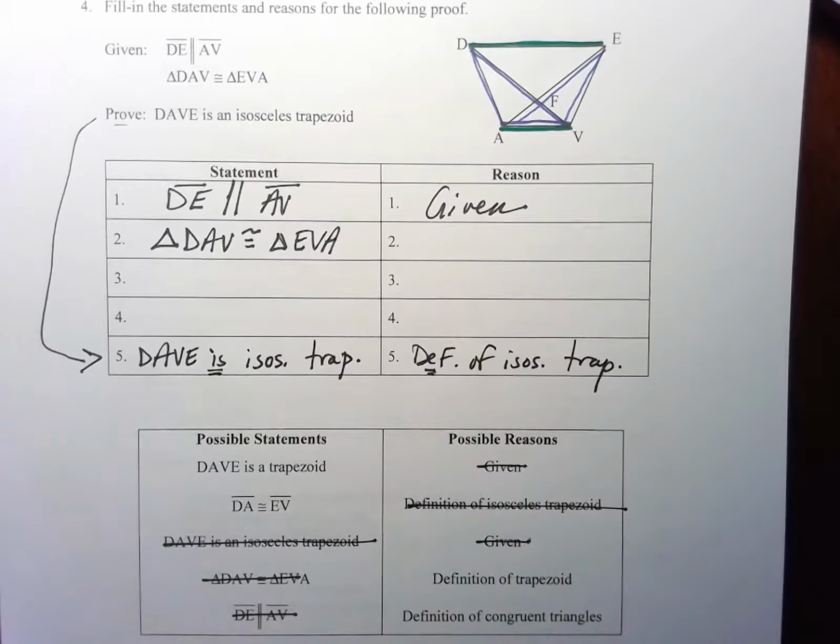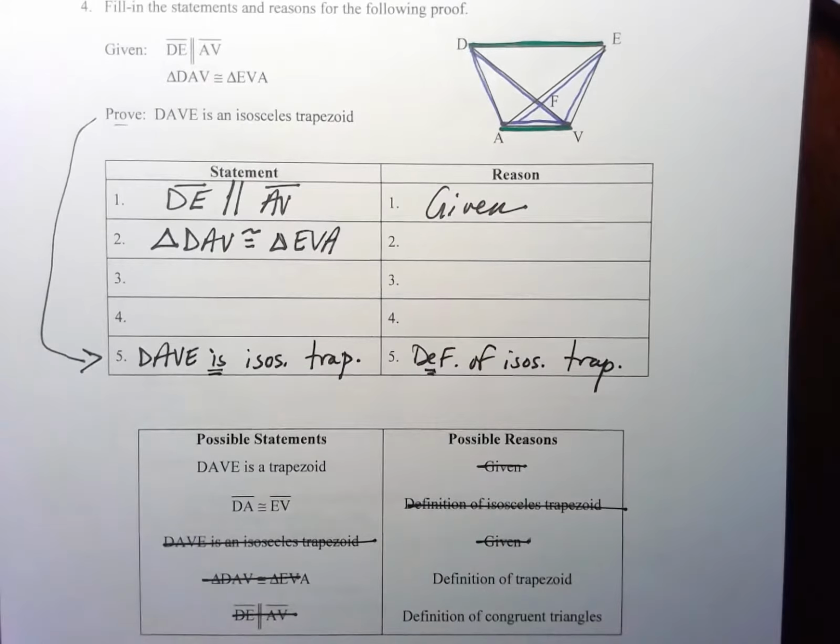So we indeed have the definition of a trapezoid, because we have a quadrilateral with two parallel sides, and so DAVE is a trapezoid because of the definition of trapezoid.